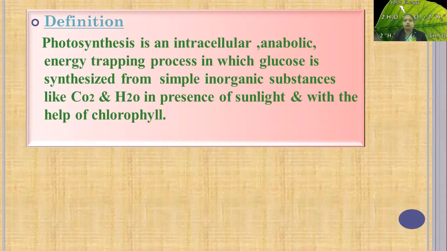Photosynthesis is an intracellular anabolic energy trapping process in which food, meaning glucose, is synthesized from simple inorganic substances like carbon dioxide and water in the presence of sunlight and with the help of chlorophyll.